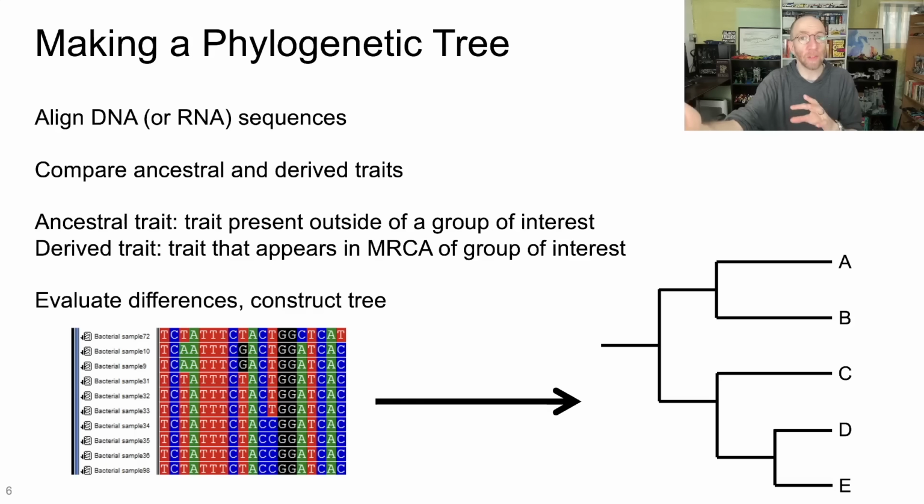Now, the opposite of that is a derived trait. That's something new. That's a trait, for example, a specific mutation that appears in the most recent common ancestor of your group of interest.